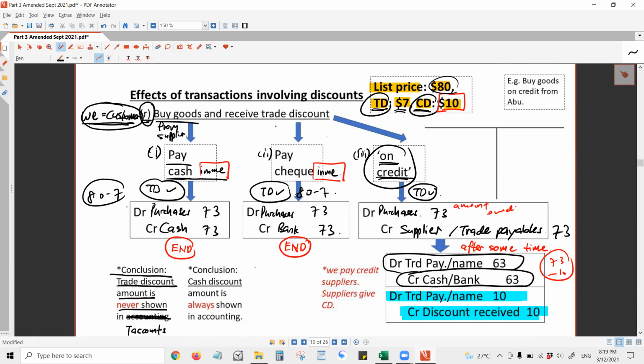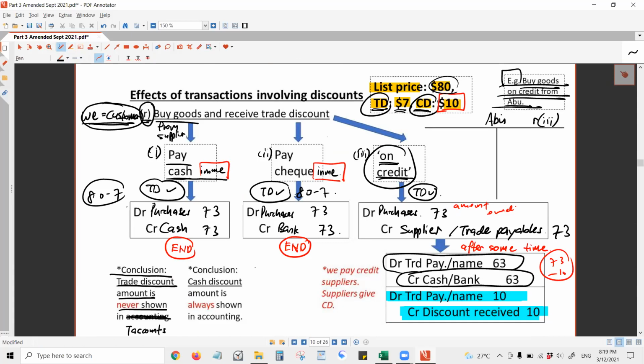So again, I'm going to show you the account at the top right corner. We are going to make use of the R3 transaction to do a supplier account. We use this scenario: buy goods on credit from Abu. So write Abu here. We are going to use the same set of numbers.